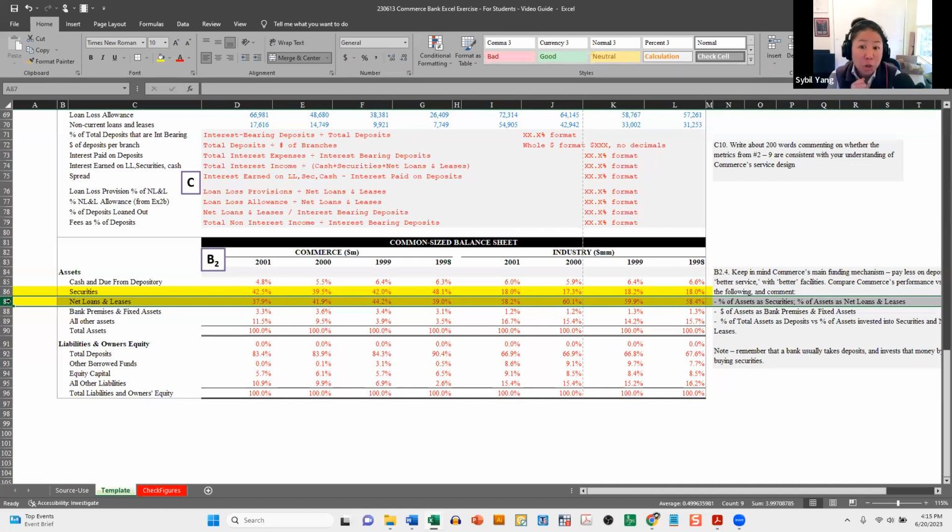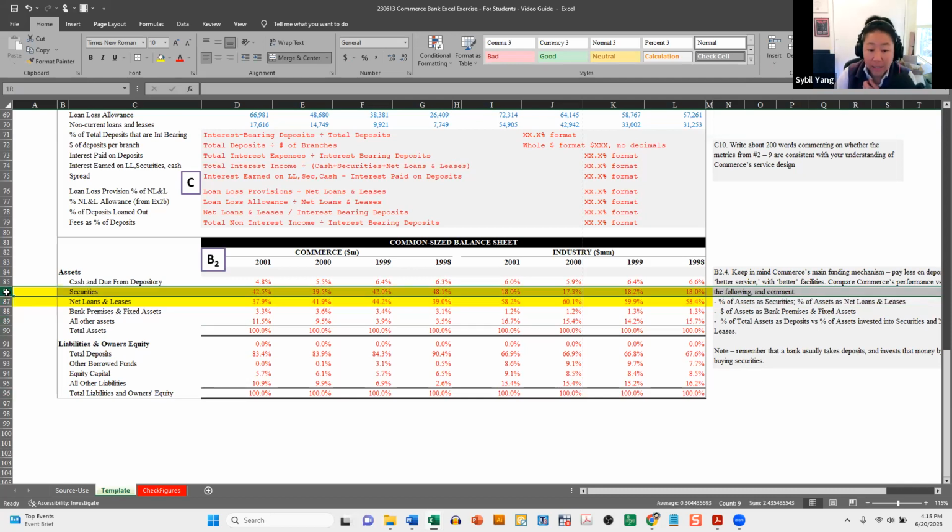Whatever money they don't loan out to somebody else, they usually go and buy securities. So they buy US bonds or muni bonds, some super safe form of debt investment, or they may buy some stocks. That's the securities line. So remember, banks take in deposits and then they either lend them out or they buy bonds, which is essentially lending it to the US government or lending it to the government.